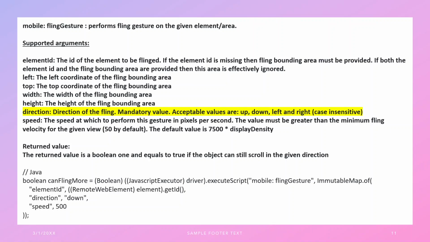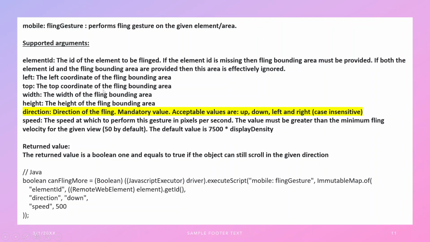The fling bounding area is calculated based upon left, top, width, and height. By using these four arguments we can calculate the fling bounding area.